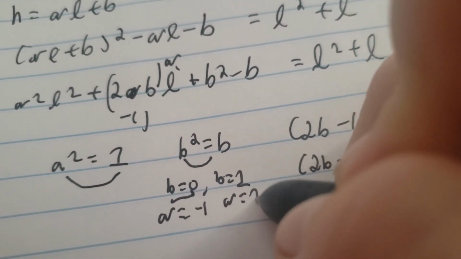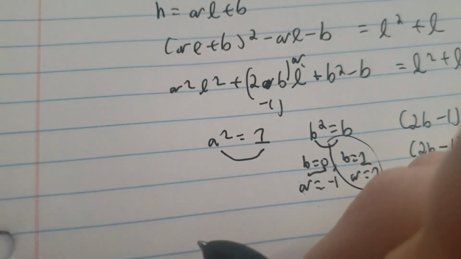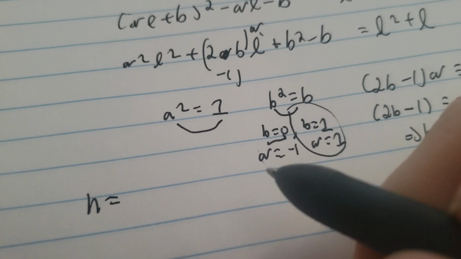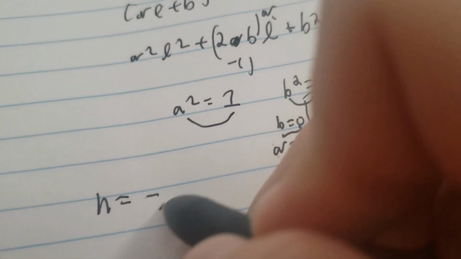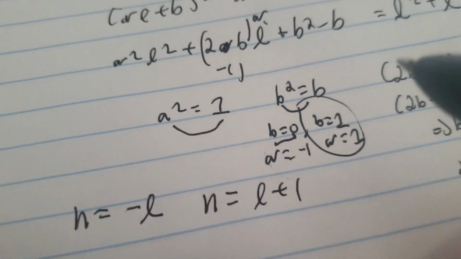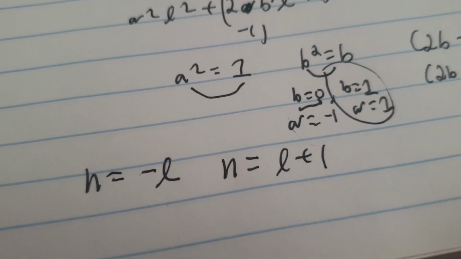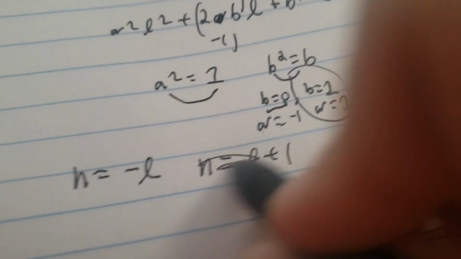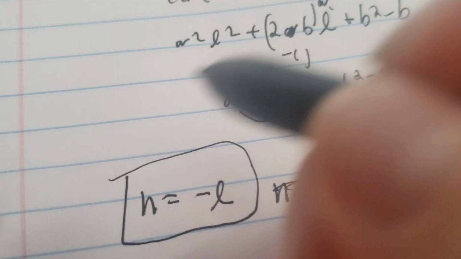So a equals 1 is paired with b equals 1. So there's two solutions. n can either equal negative l, or n can equal l plus 1. But we already said that n must be less than l, so that solution is nonsensical. So we must have that n is equal to negative l.